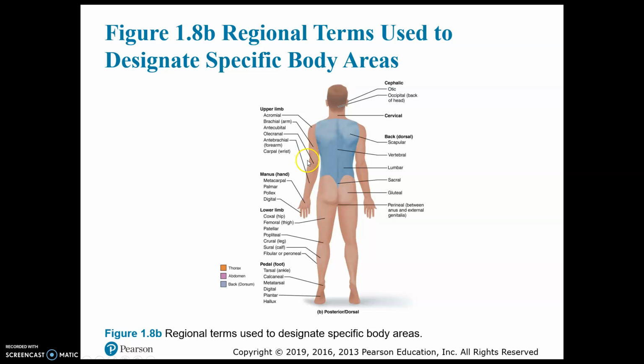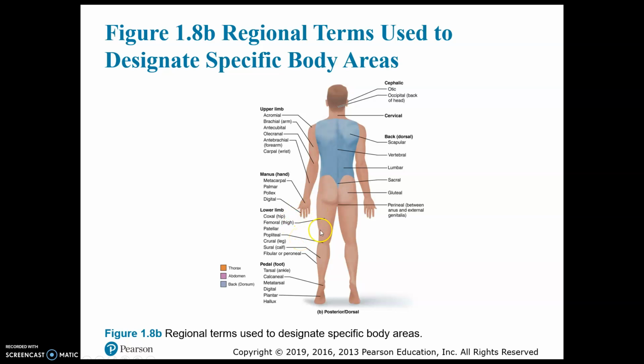The antecubital is on the anterior side. We can't see it, but it's the bend of the elbow, and now you can see the elbow, and it's the olecranal region. The forearm is the antebrachial, and the wrist is carpal. You can see the metacarpal region is actually the back of the hand, and then the digits are the fingers.